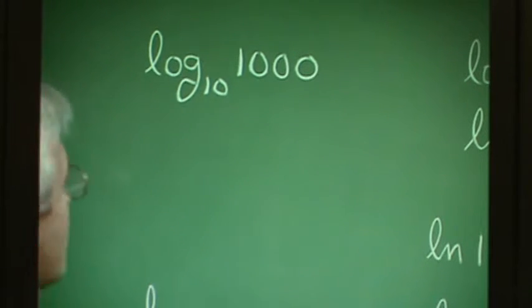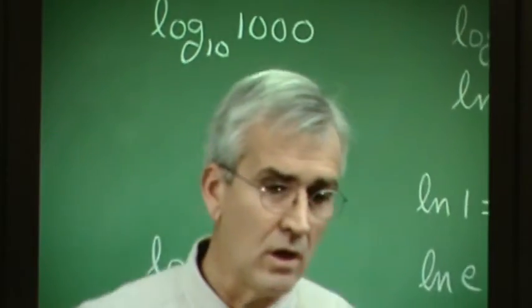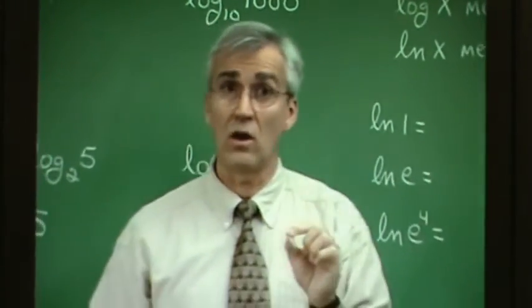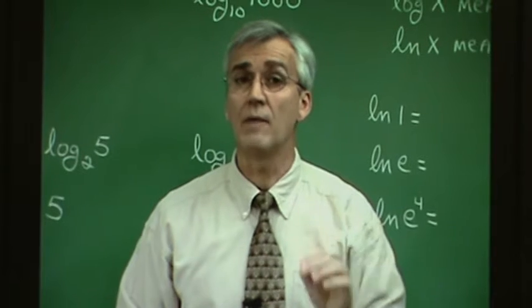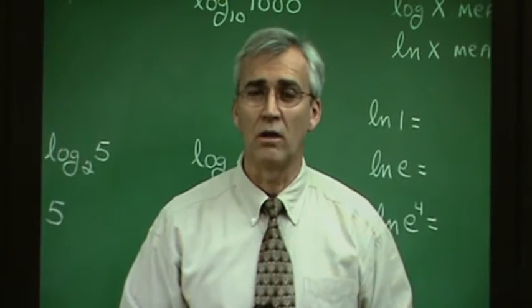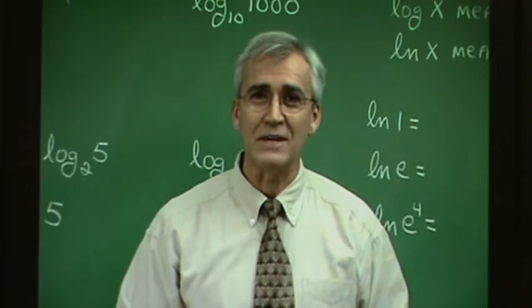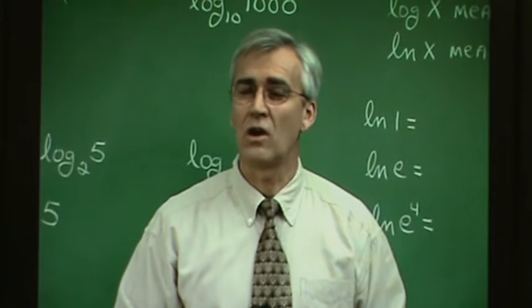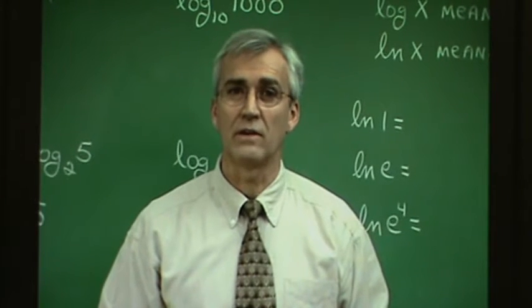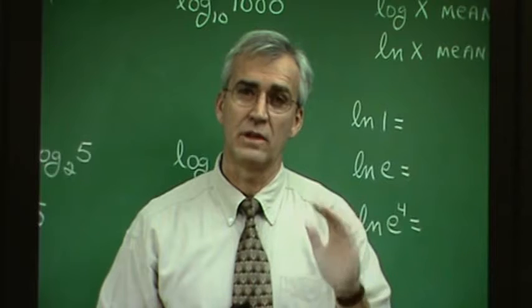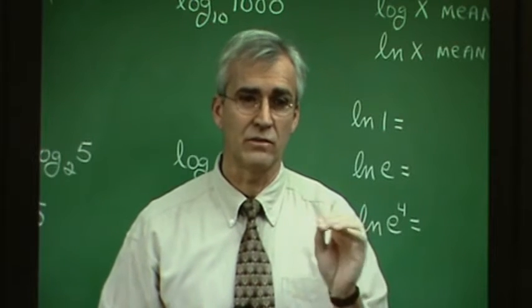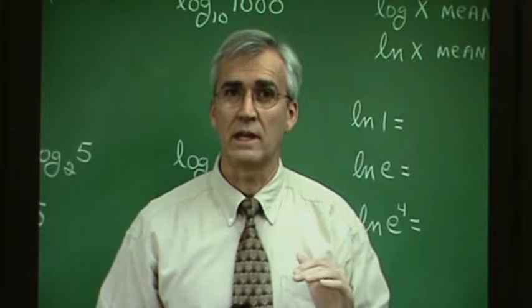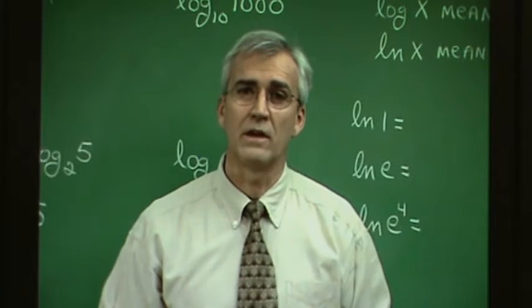But my point here is that the base 10 in logarithms is such a common base. It is called the common logarithmic base, and it is the base of logarithms found on the calculator. There are actually 2 logarithms that are on the calculator by default. This is one of them. We'll talk about the other in a minute.